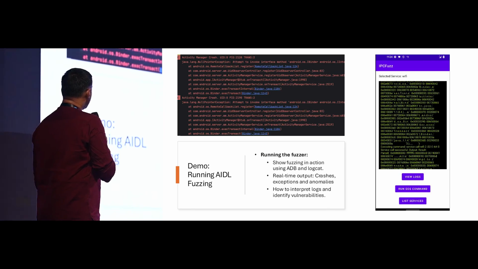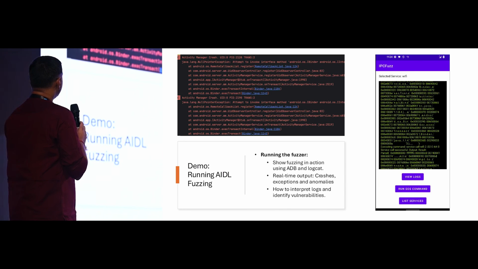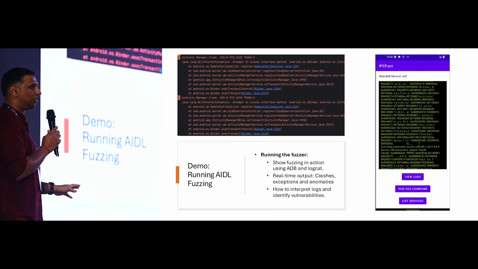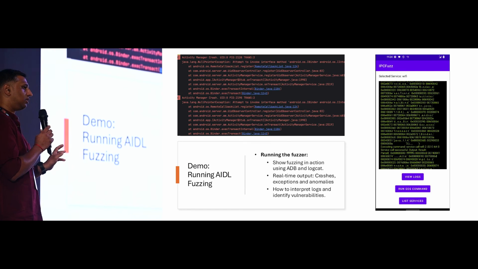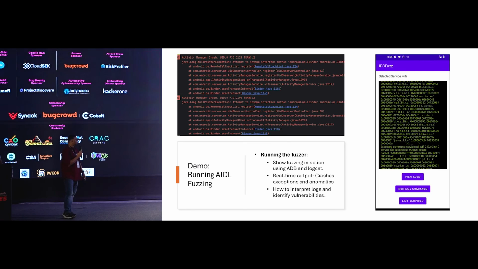One of the sample logs that we have here points out a null pointer exception, which was identified. Similarly, there are a lot of memory corruption related issues which are highlighted using this technique.